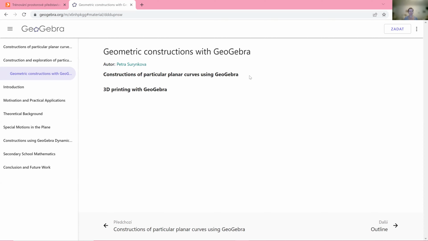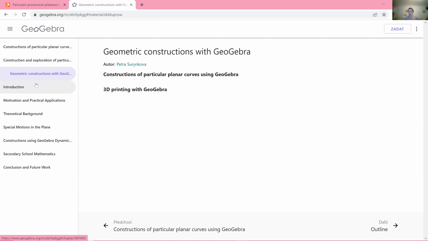teaching at secondary school. So firstly, what I'm teaching at university regarding kinematic geometry, and in this topic I'm using GeoGebra a lot, because it's a perfect tool for showing kinematic geometry in the plane.